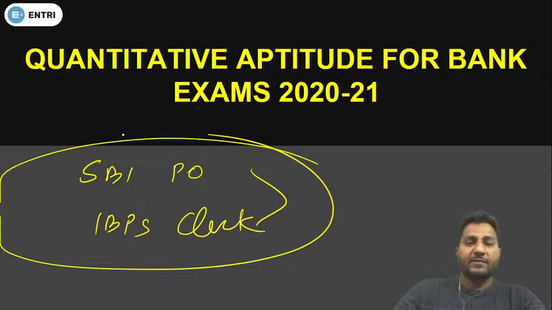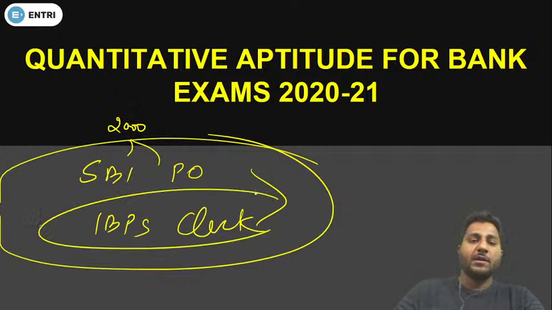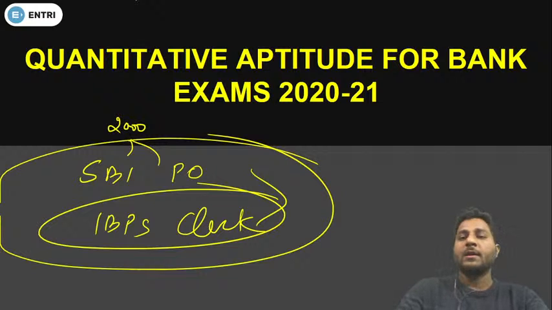As we know, 2000 vacancies of SBI PO have been released, while the IBPS Clerk was already announced earlier.